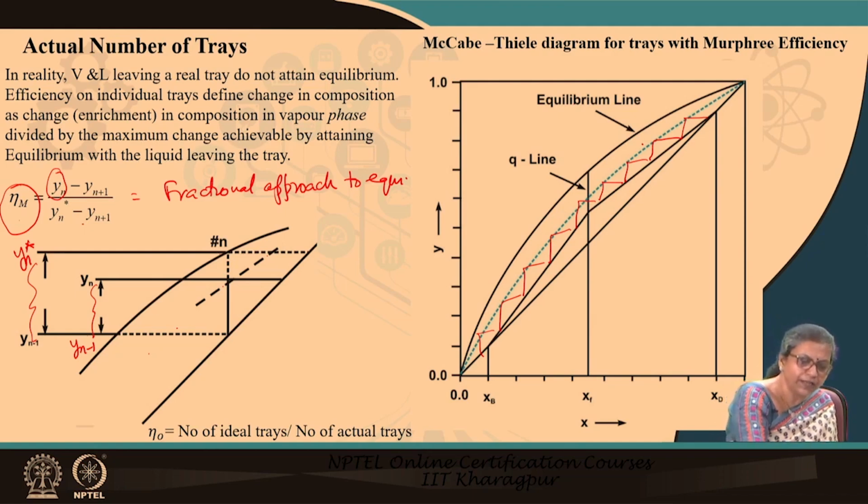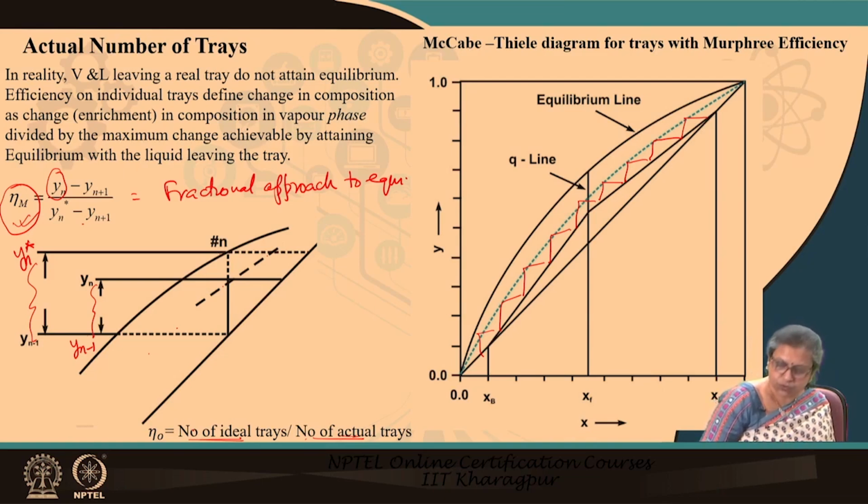Now, this is one particular definition of tray efficiency. There is another way by which we define the overall tray efficiency, which is defined as the number of ideal trays required for any particular separation divided by the actual number of trays required in order to bring about this particular separation.